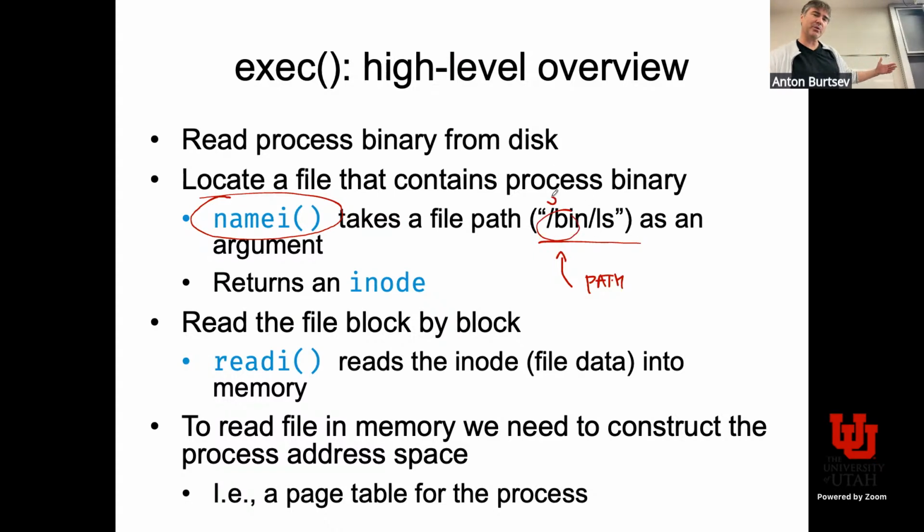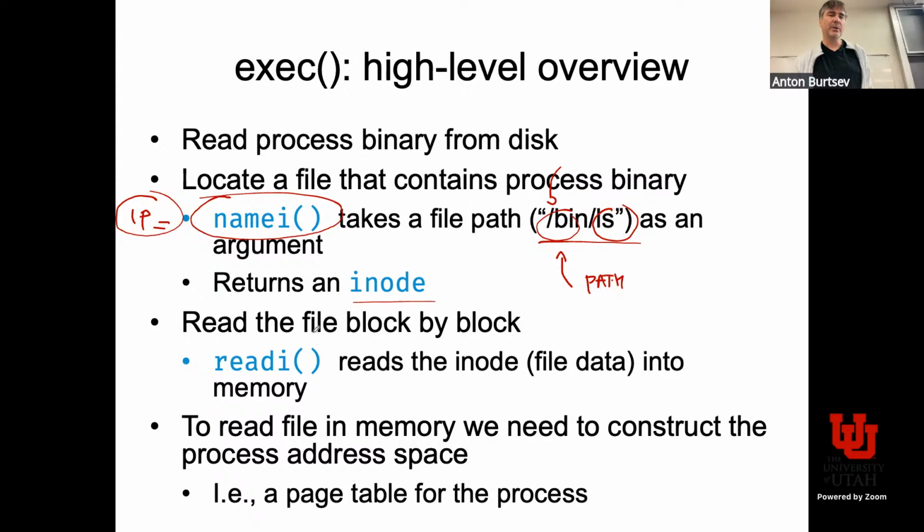It starts from the root or from the current folder, goes into bin and figures out ls as a file inside the bin, and it returns a pointer to the inode. I will explain what inodes are, but let's just think of them as files, unnamed files. So namei takes a string, returns an inode. I stands for inode.